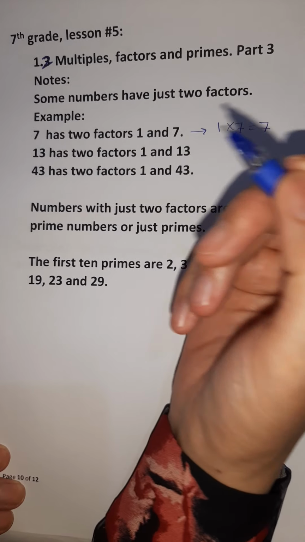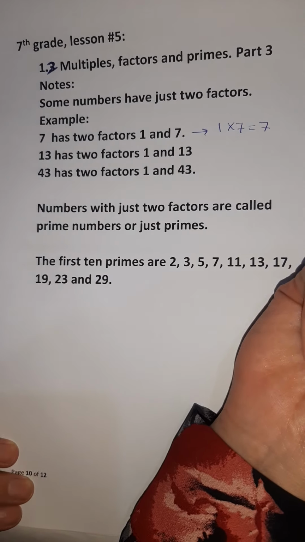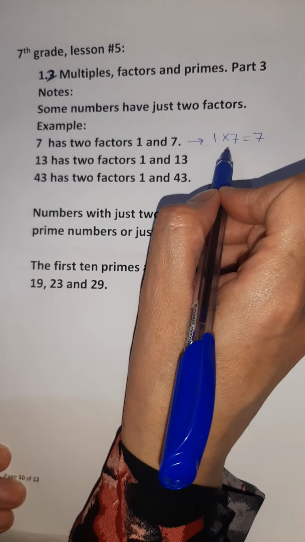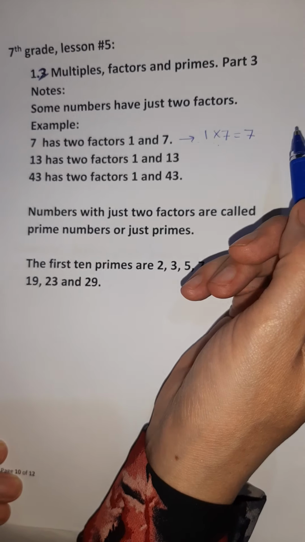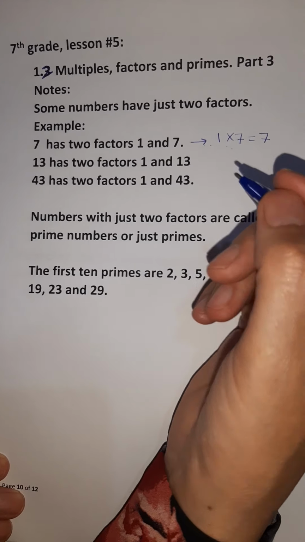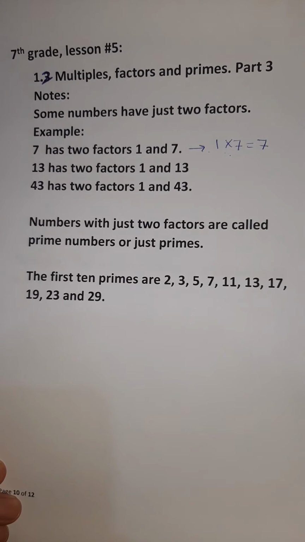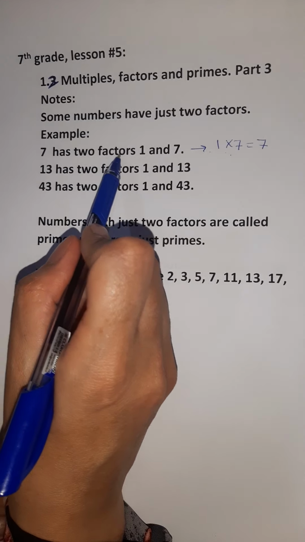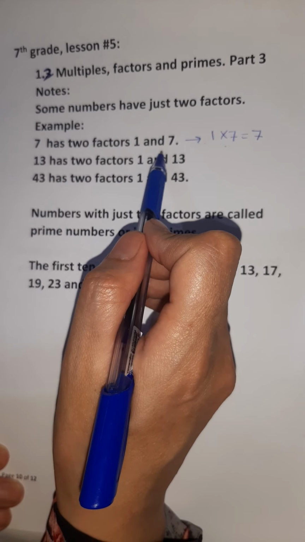Can you give me another mathematical statement or any 2 positive integers that you can multiply to give you 7? No, there are no numbers like that. So here 7 just has 2 factors, 1 and 7.